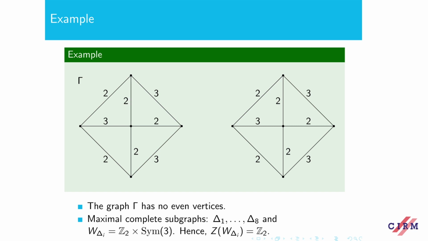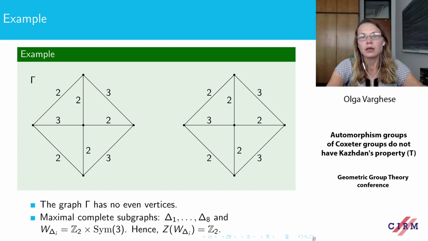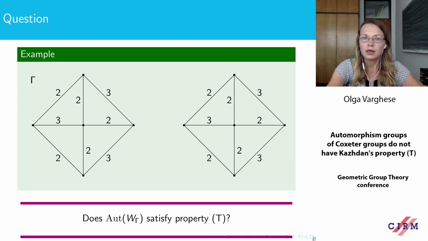And the corresponding special subgroup of a triangle has non-trivial center. So we cannot apply the results in the main theorem to this automorphism group. So question, does Out W gamma satisfy property T? We don't know.